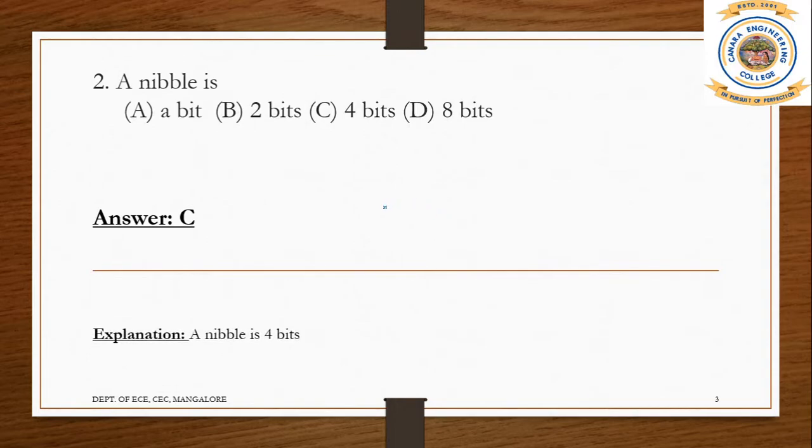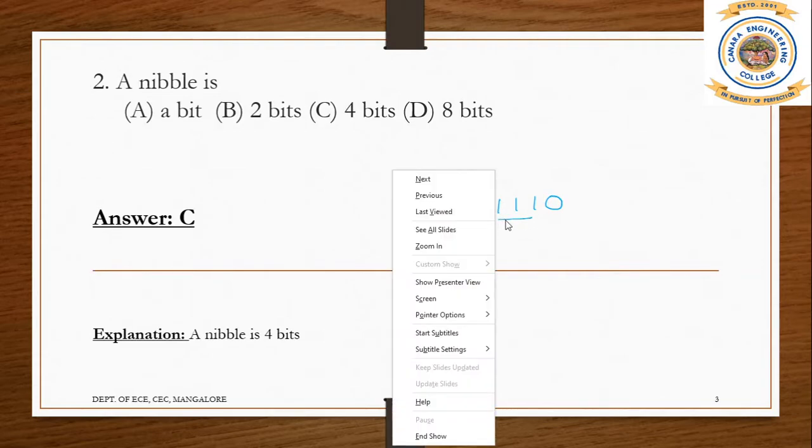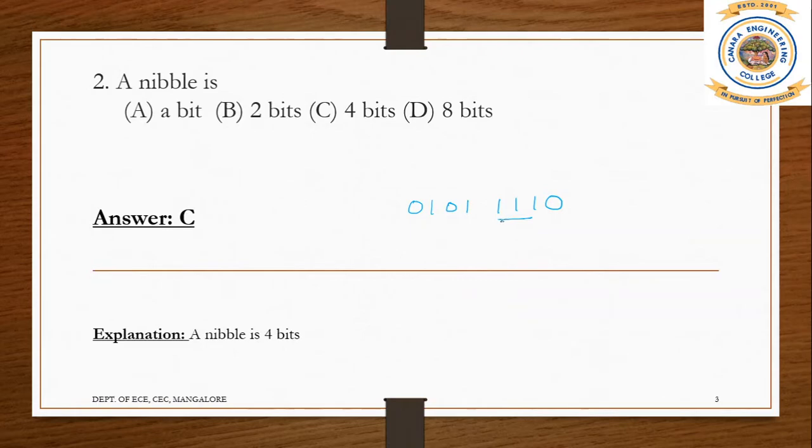If we have an 8-bit number, just for example, 0101 1110, then the lower 4 bits are known as the lower nibble and the upper 4 bits are known as the upper nibble. So an 8-bit number can be divided into two nibbles, where each nibble is 4 bits.